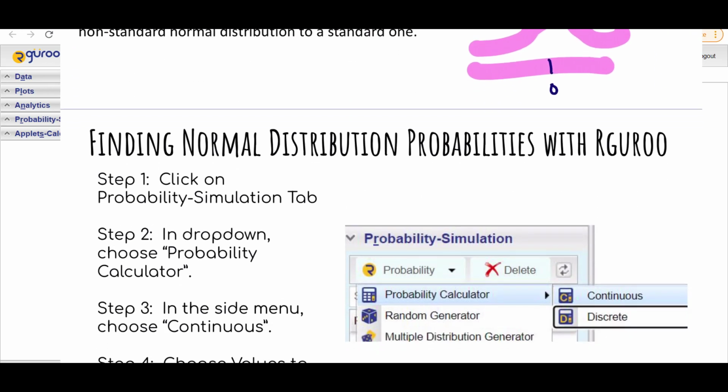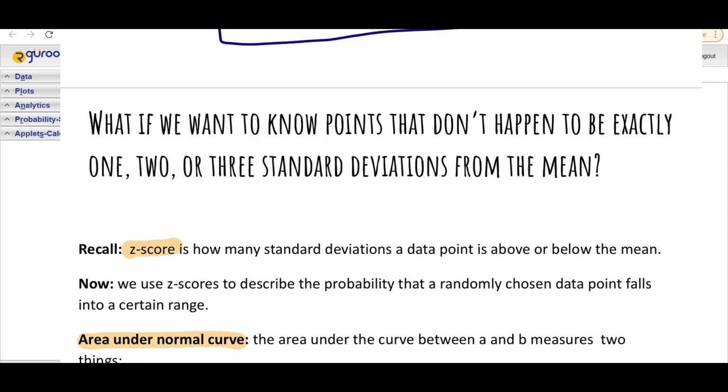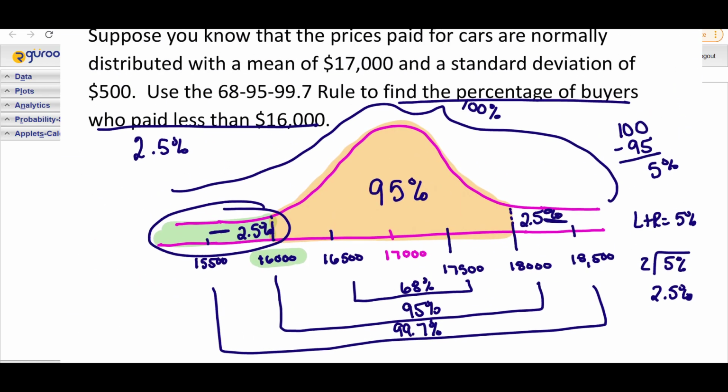Okay, so we want to figure out how to do this with technology. So again, what we're doing is we're not limiting ourselves to 1, 2, and 3 standard deviations like we did with empirical rule.